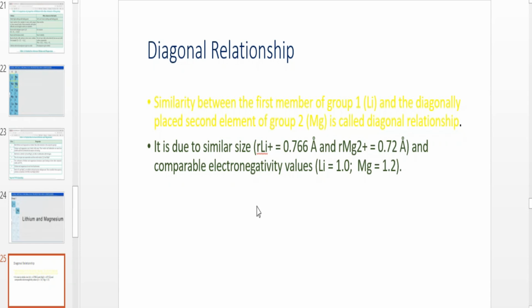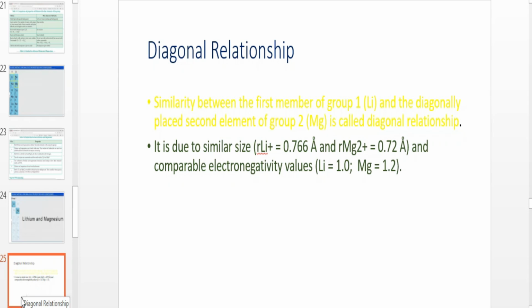Then their electronegativity values are comparable. For lithium 1.0 and magnesium 1.2. Because of these two reasons, lithium and magnesium are in diagonal relationship with each other.